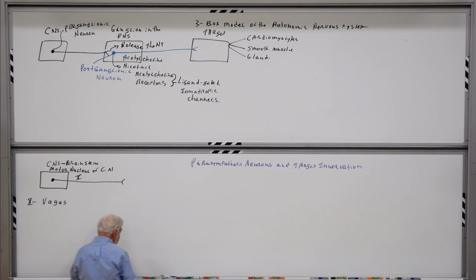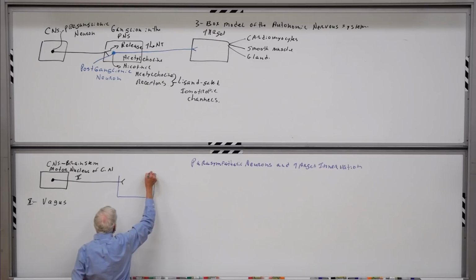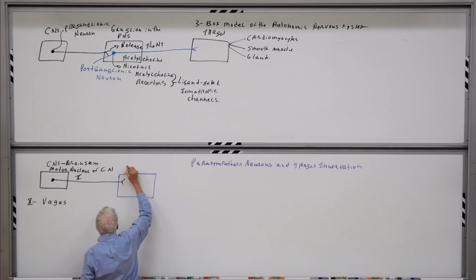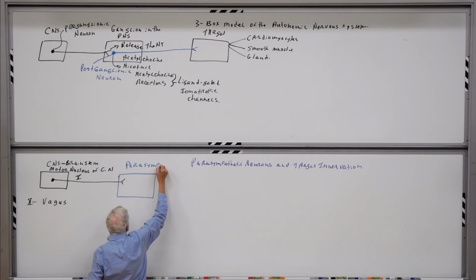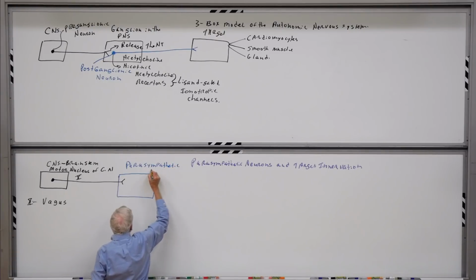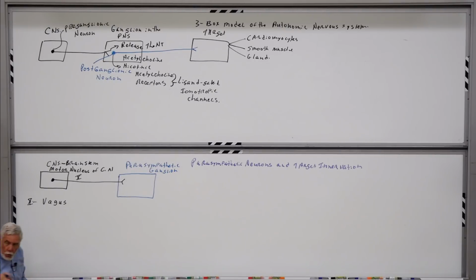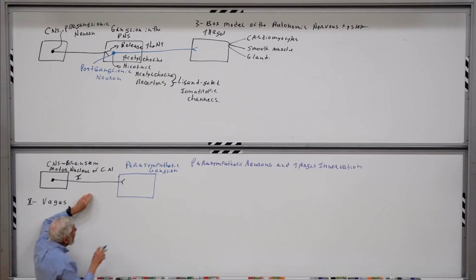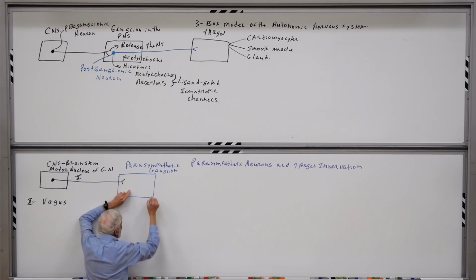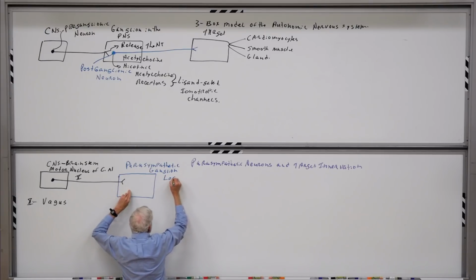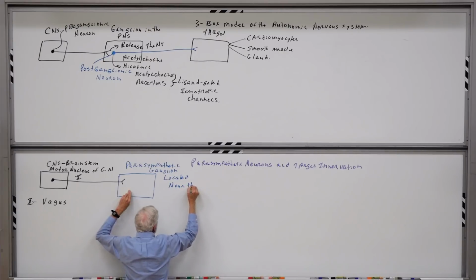And as before, they will go to a parasympathetic ganglion. One of the rules of the parasympathetic branch of the autonomic nervous system is that the parasympathetic ganglion is located near the target organ.